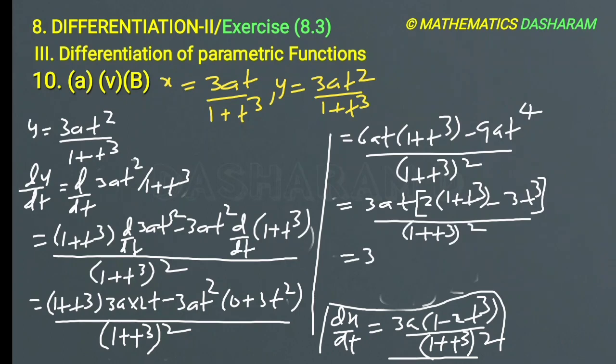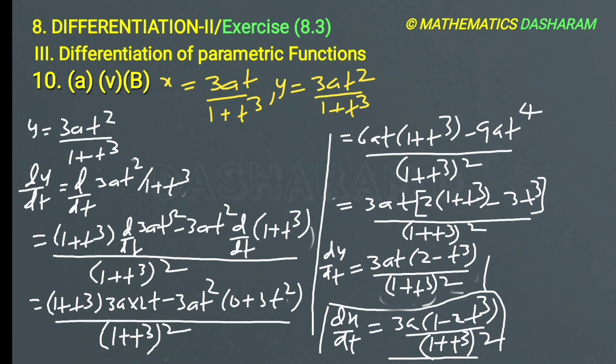So it equals dy/dt equal to 3at, see here 2 1s are 2, 2 into t³ is 2t³, 2t³ minus 3t³ is how much? Minus t³. So overall (2 − t³) divided by (1 + t³)². So this is dy/dt.